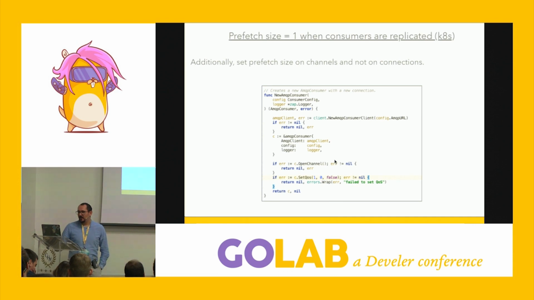But anyway, if you have a replicated environment, this is one you want to do most of the time. And if you only have one consumer, for example, you can decide to set a slightly higher QoS so that RabbitMQ sends more messages at once, and maybe you can improve performance on the consumer side. But we do have a replicated environment, so that's what we go with.